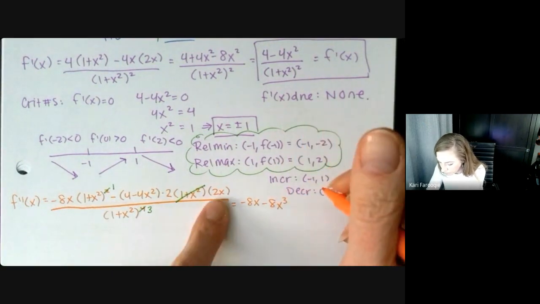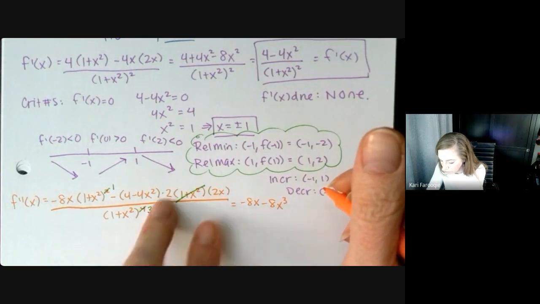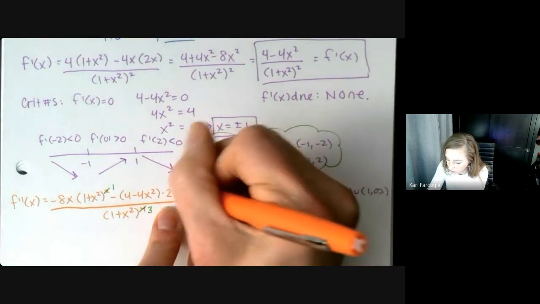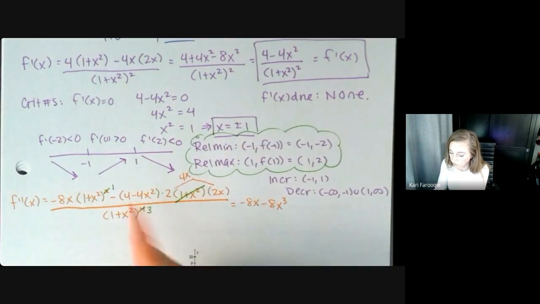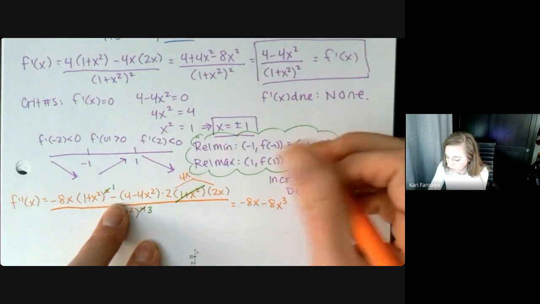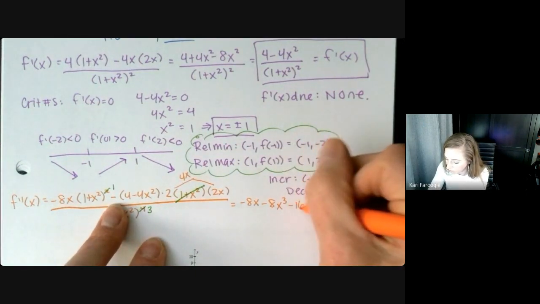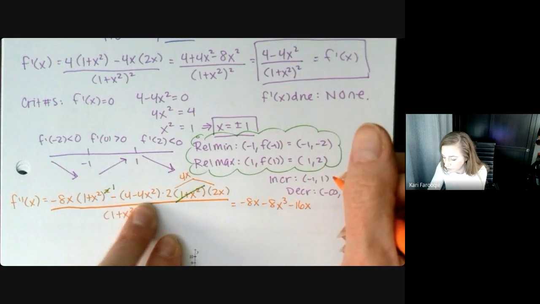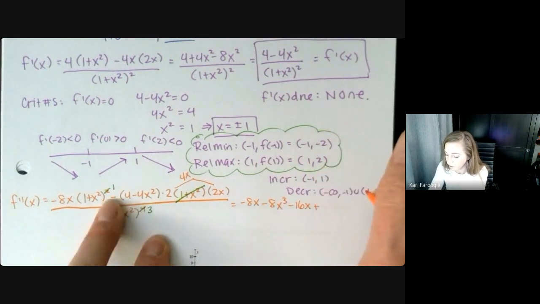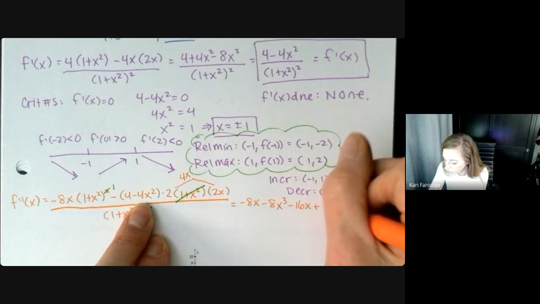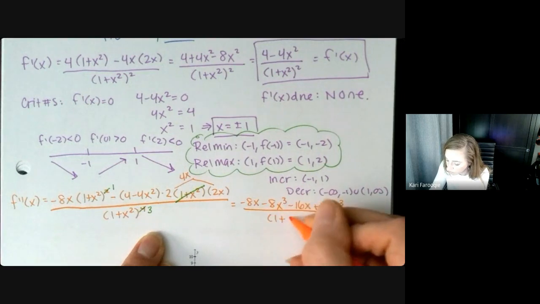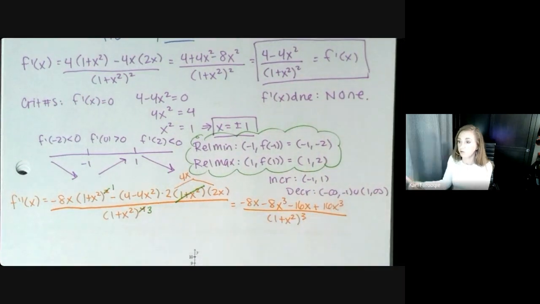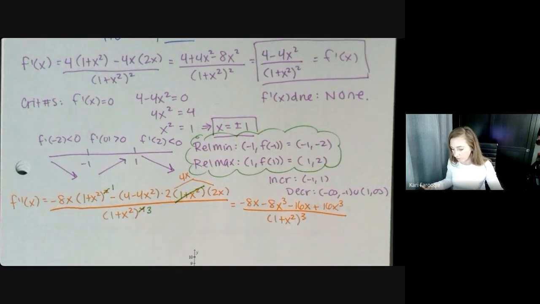And then I've got this 2 here times a 2, so I've got a 4x that I'm going to multiply into these parentheses. So I'm going to have minus 16x, and then plus, so minus a negative 16x cubed, divided by the denominator, 1 plus x squared to the third power. Then we'll simplify it one more time.